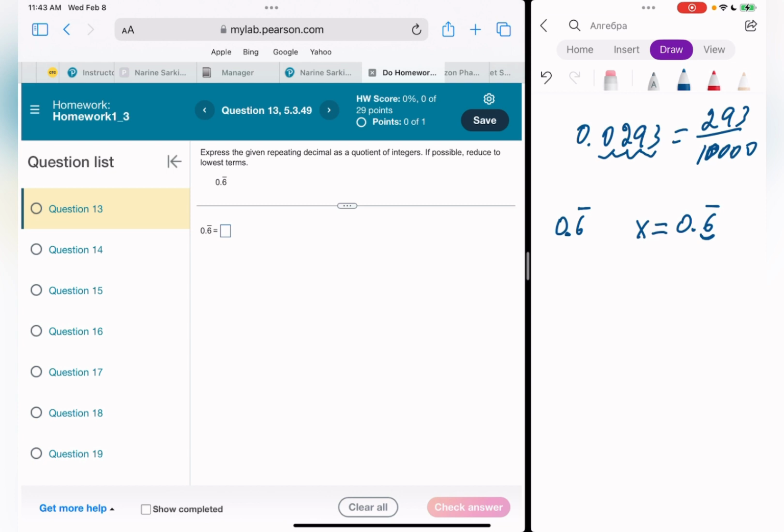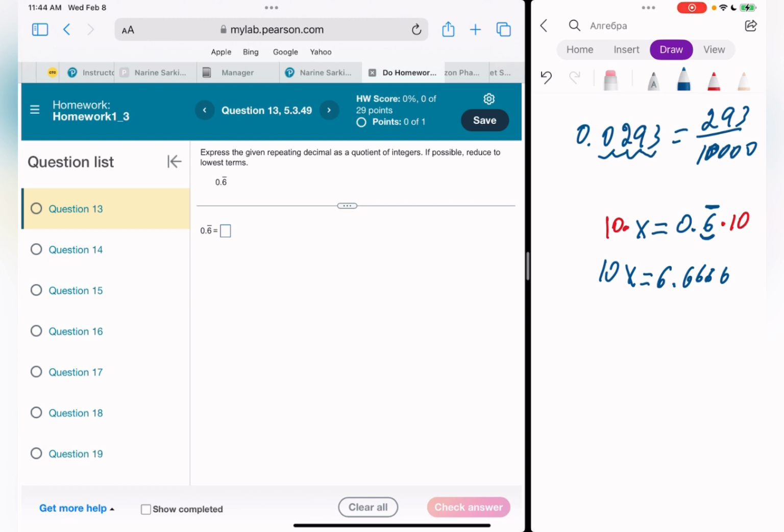Which means on both sides, I can multiply by 10. What do I get? 10x is equal, multiplying by 10, to 6 point, and since it's repeating, it's going to be 6666.